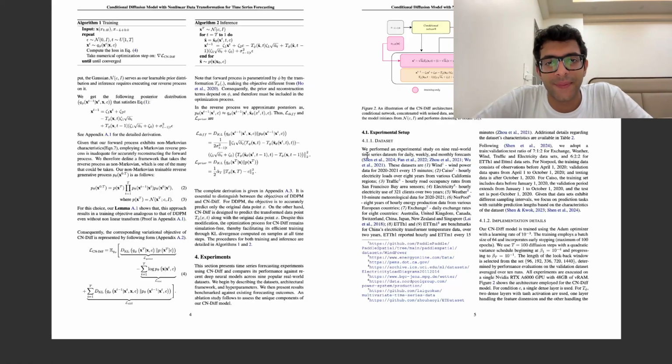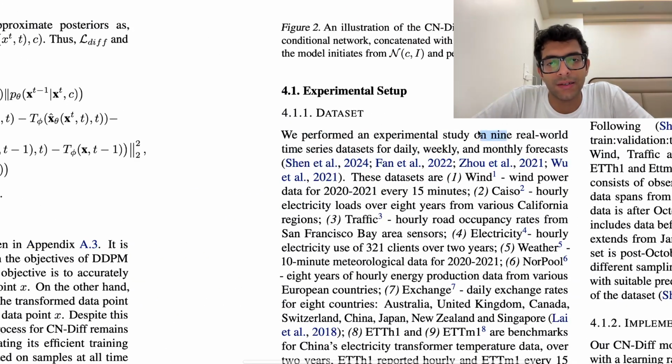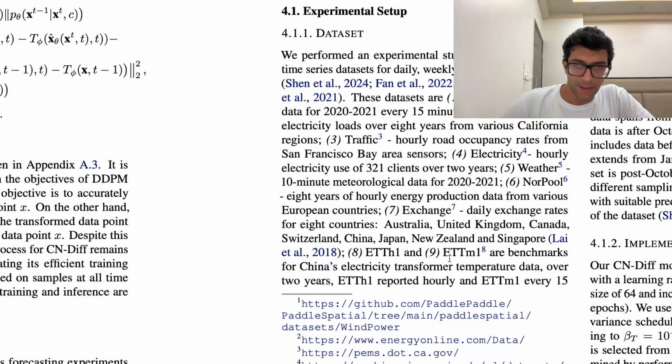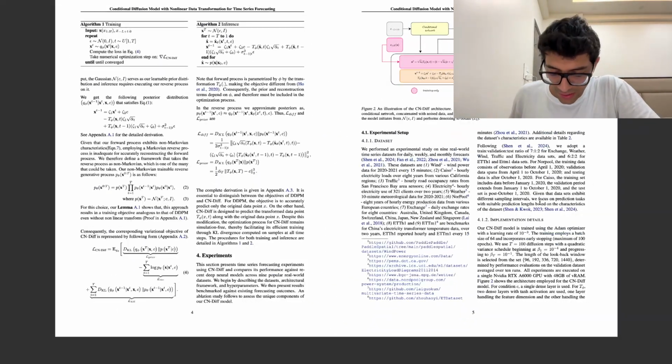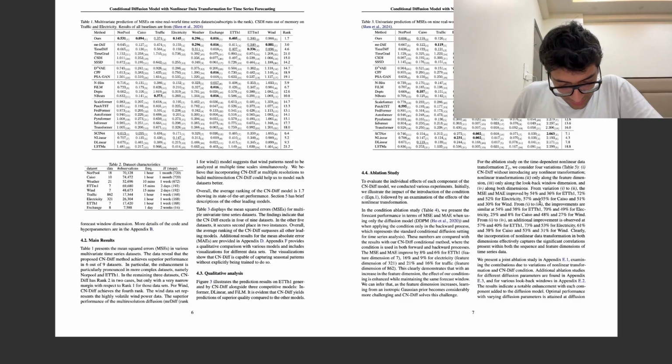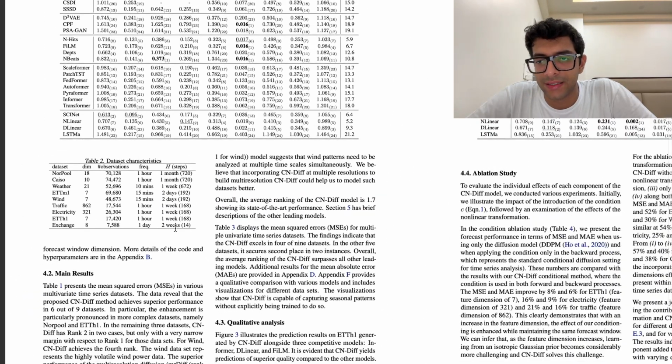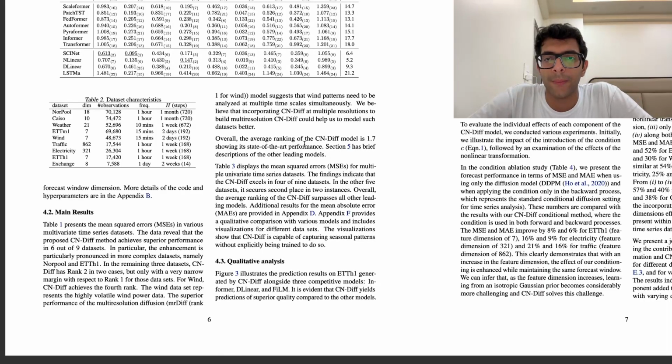In the case of the experiment setups, they had 9 real world datasets spanning different things such as wind, K-zone, traffic, electricity, exchange, ETT, and ETTM1. These are the energy reports. So we have the implementation details, and in terms of the results itself, CNDiff, this is the method's name, is state of the art in the case of many of these datasets, but it all depends on what we are comparing on.